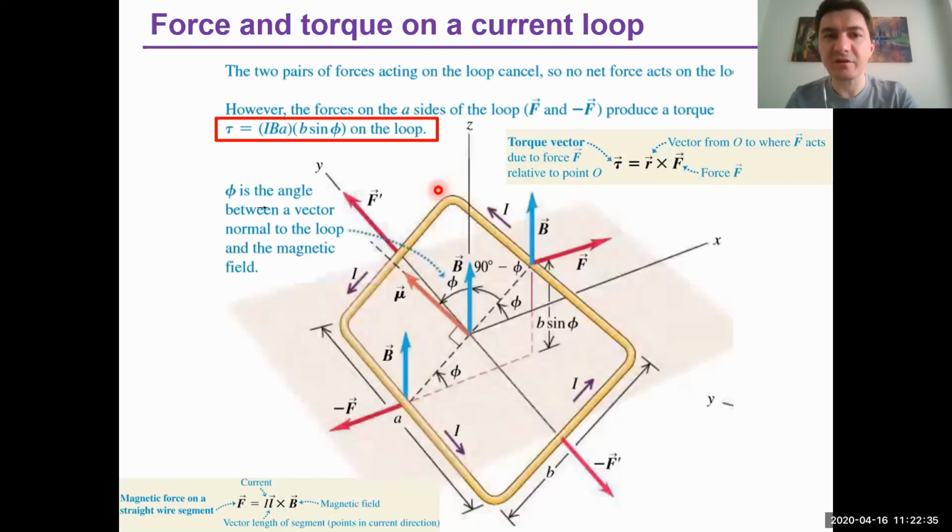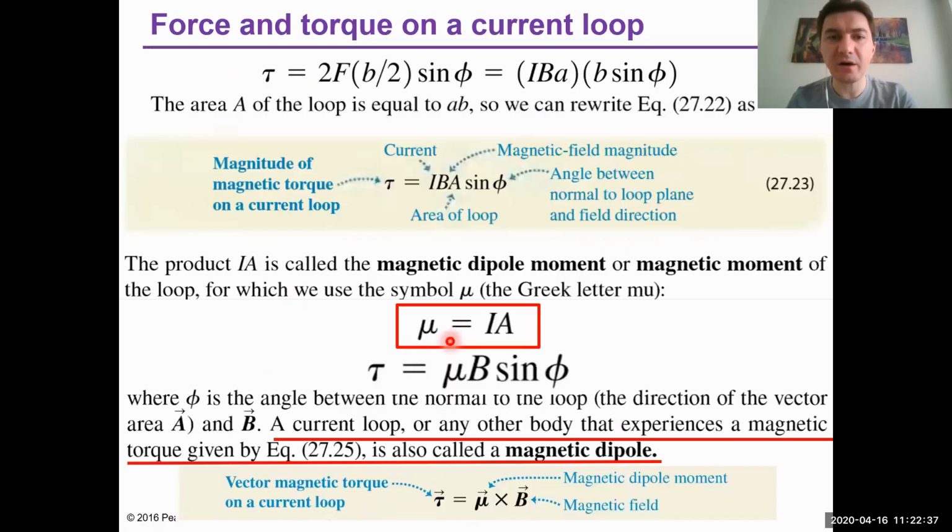So that expression, current times area, is given by mu, which defines the magnetic dipole moment or magnetic moment of the loop. So mu is given by I times area. Instead of I times area, if you use mu, then the torque on a current loop is given by mu times B times sin phi.